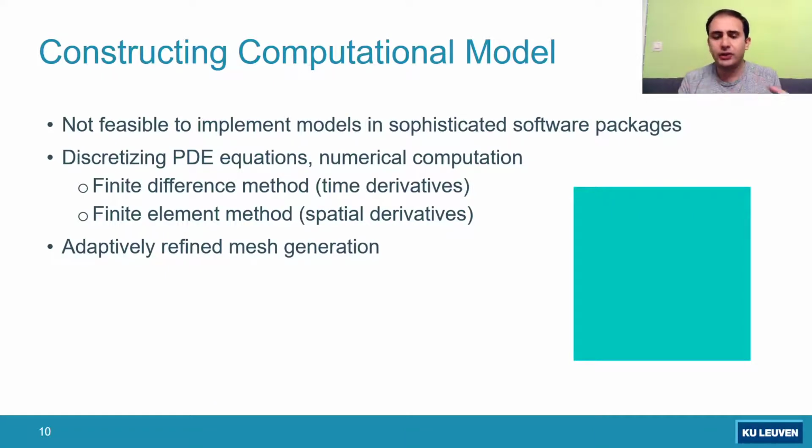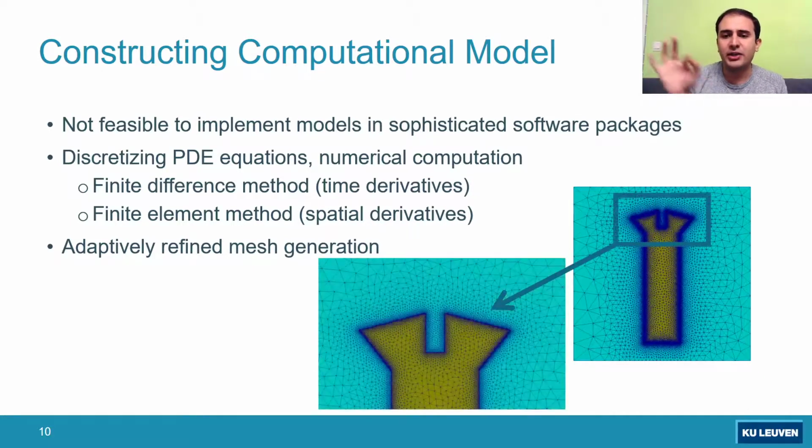The way that we construct a mesh is we have the medium domain, and we label part of it as the scaffold, as the model, and then we refine the mesh on the interface of these two regions.